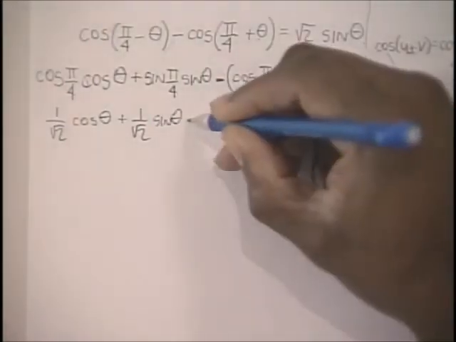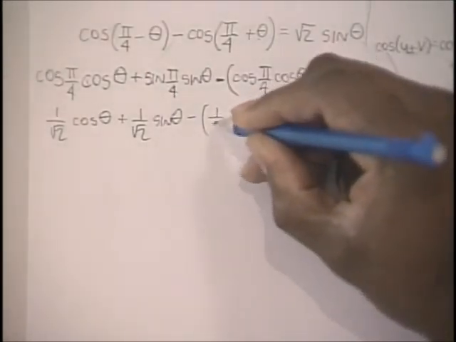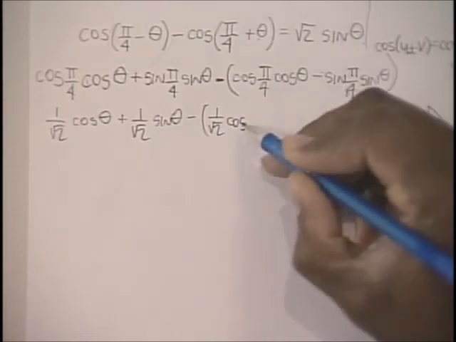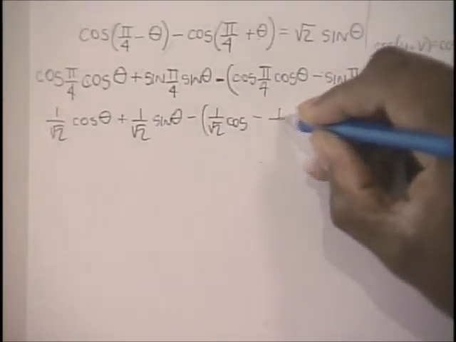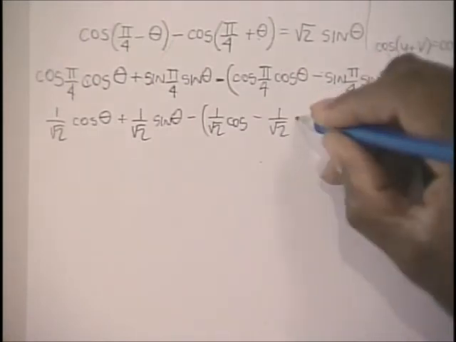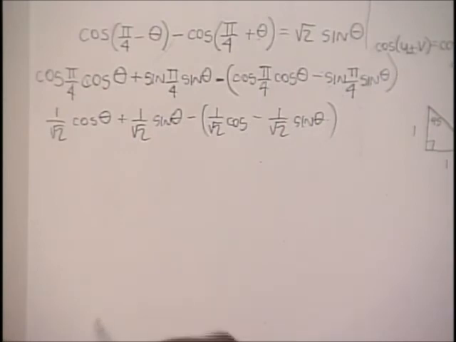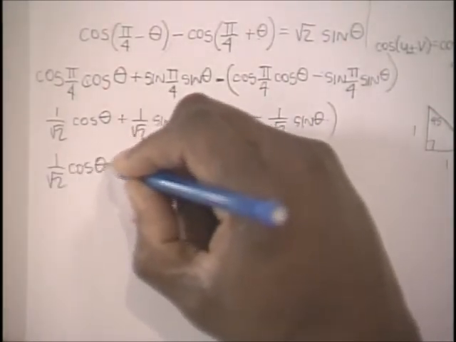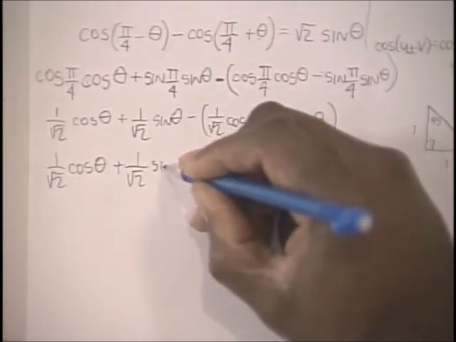All right, so we have minus the cosine of pi over 4. We've already said that's 1 over radical 2 times the cosine of theta. Bring that down, cosine theta, minus the sine of pi over 4. That too is 1 over radical 2 times the sine of theta. Now you're going to distribute that negative. You end up with 1 over radical 2 cosine theta plus 1 over radical 2 sine theta.